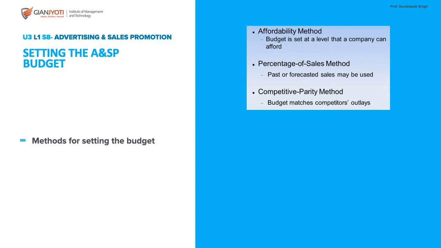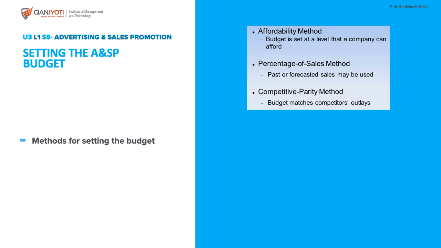After you decide the media plan, looking at your budget, then you try to set the advertising and sales promotion budget specifically for each channel. What are the different methods that you use for setting the budget? The three most generic methods are the affordability method.